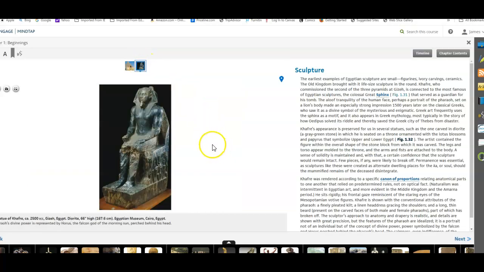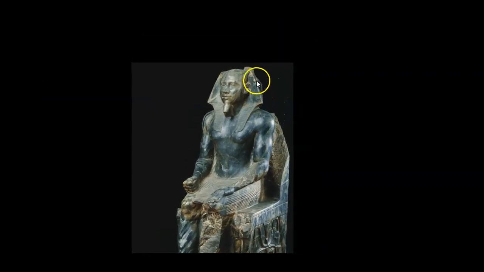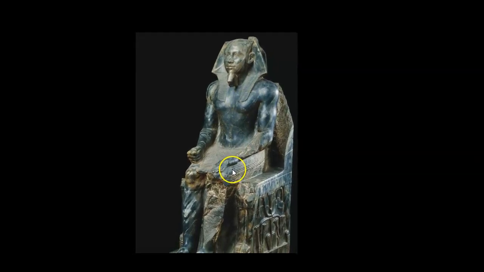This is an example of Khafre, who commissioned the Great Pyramids, where you see him again in the sense of quite a large position. You have Horus back behind him. Let me see if I can get this raised up for you to see this a little bit. You can see the image here that is offered and the detailing that's presented.